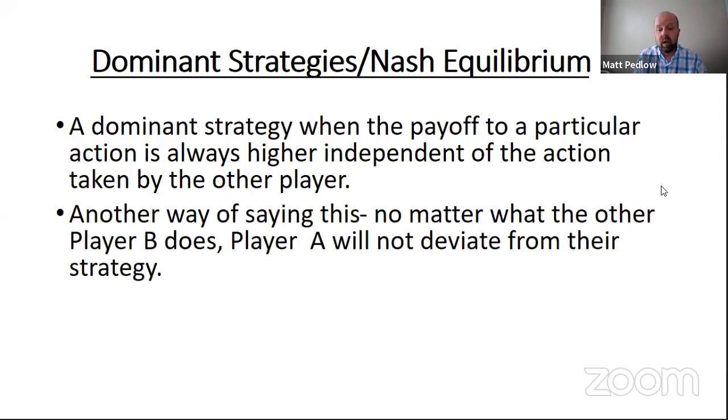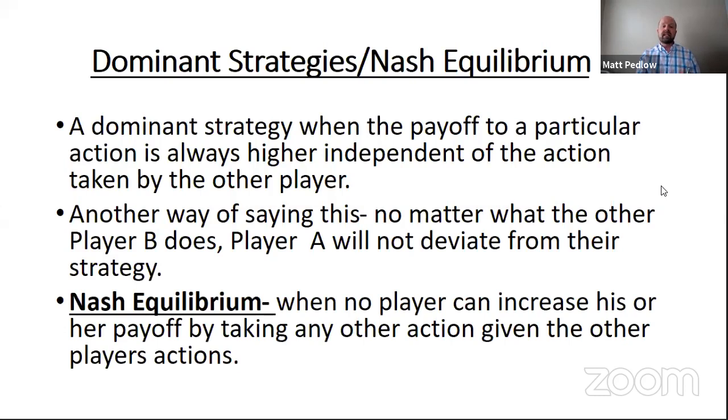An easier way to think of it: no matter what player B does, player A is not going to deviate. They're always going to confess in that case. And a lot of times it can lead to what's known as a Nash equilibrium. It's named after John Nash, if you've ever seen A Beautiful Mind. He didn't invent this. John von Neumann, a German mathematician, came up with all this game theory stuff.